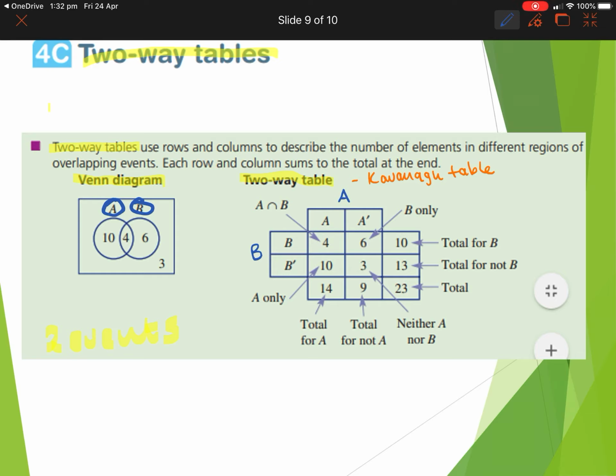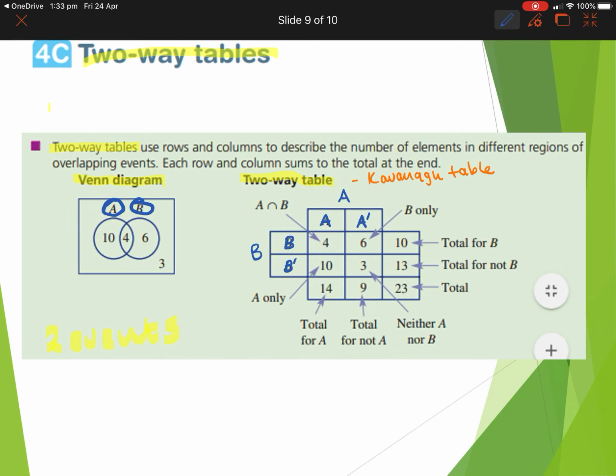Each row and column sums to the total at the end. So with this two-way table, you might get A or you might not get it. Remember that little dash means not having A. And over here, you could get B or you could not get B. They're the two options here.